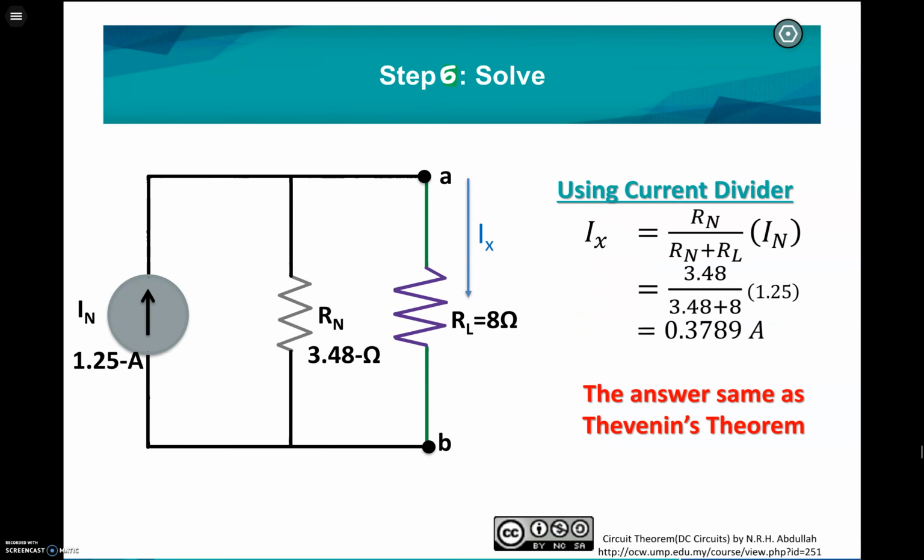Actually, you can solve and find the Ix by using any method that you already learned previously. For this circuit, I'm using a current divider, which you can see is in parallel with RN and RL. So IN flows, and then it is divided into RL and RN. Then you can use the current divider.